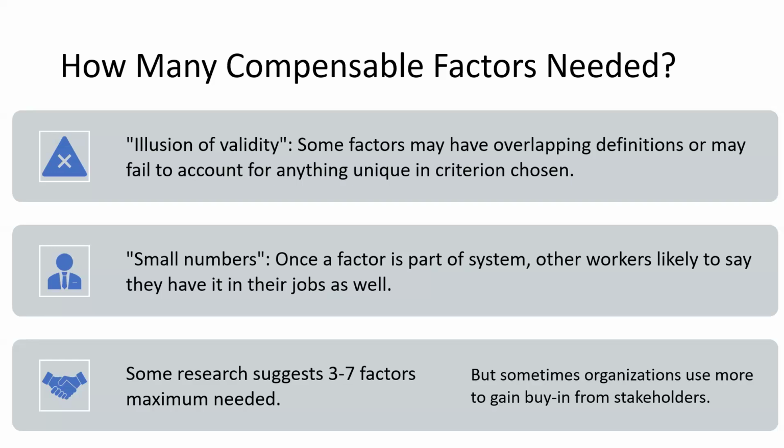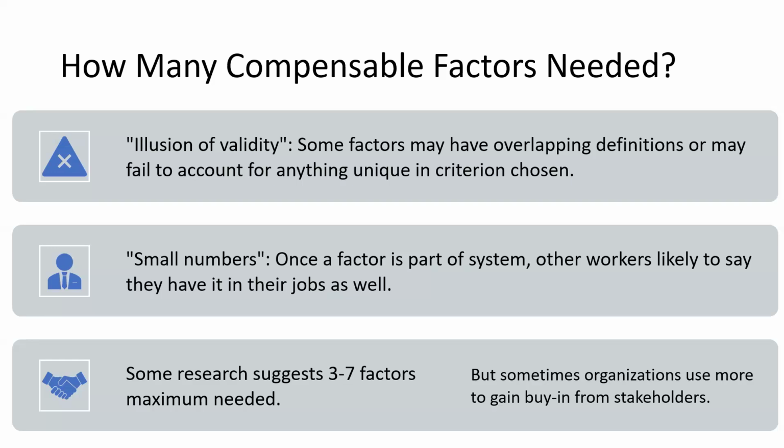You also may fail to account for something unique in the criterion that you've chosen if you have this overlap. So you might be missing parts of jobs that are actually really important to your strategy if you don't have enough factors, or if you have overlapping definitions and you're not completely covering the universe of things that your organization would think is important to actually implementing the strategy and the objectives that you have.